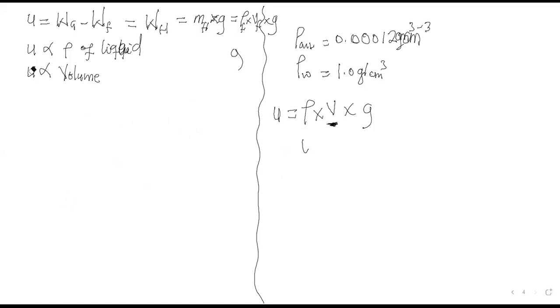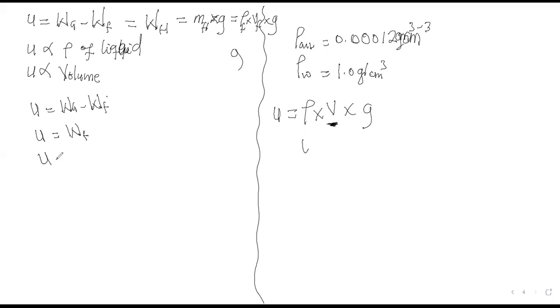So let's derive our equation. We see upthrust appearing in three different forms. Upthrust equals weight in air minus weight in fluid. Upthrust is also equal to weight of fluid displaced.